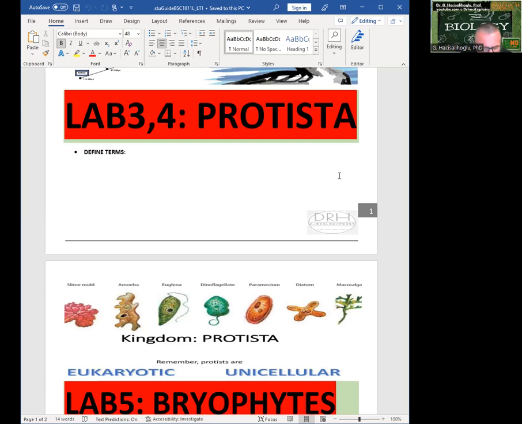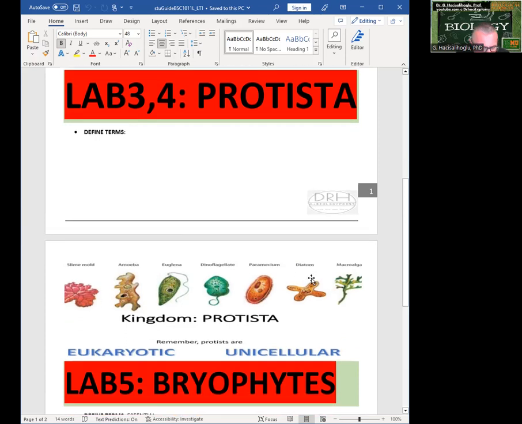And excavata, we know them because some important species under excavata actually cause important diseases in animals and humans. So make sure that you study this lab 3 and lab 4.